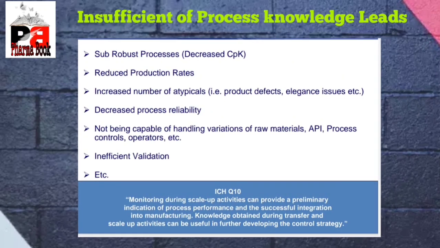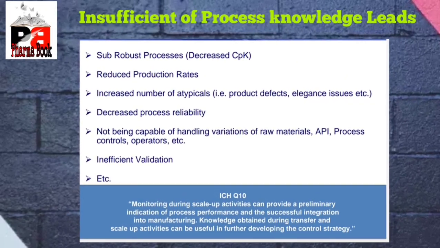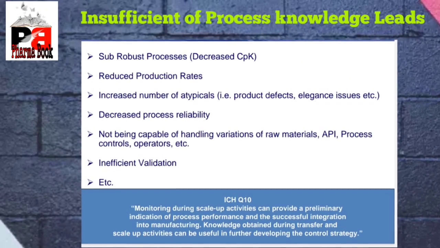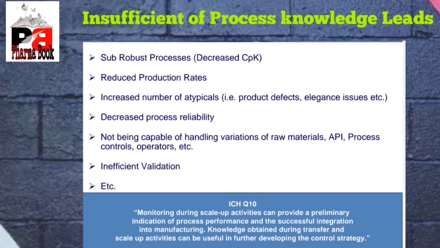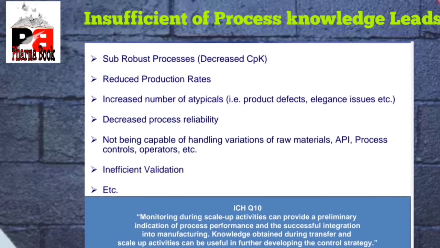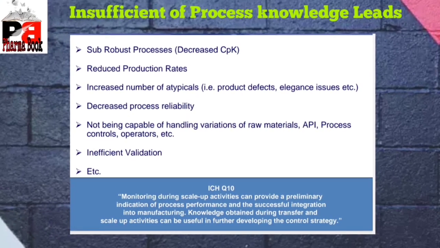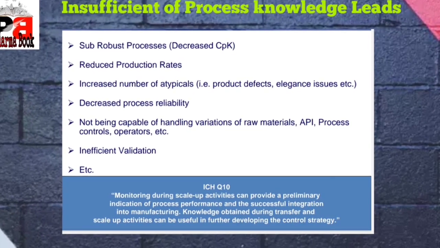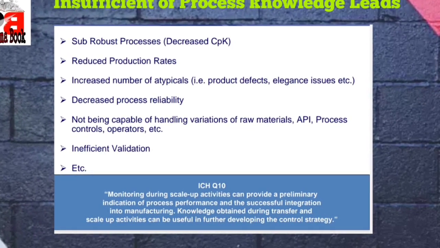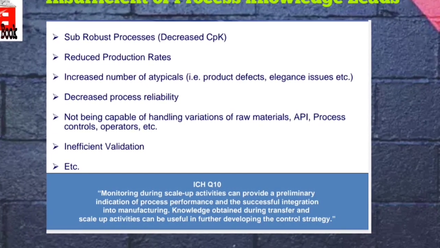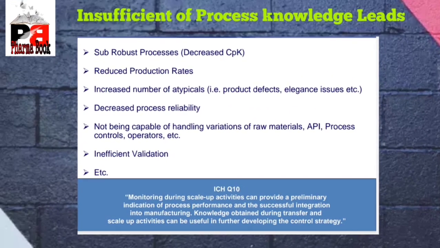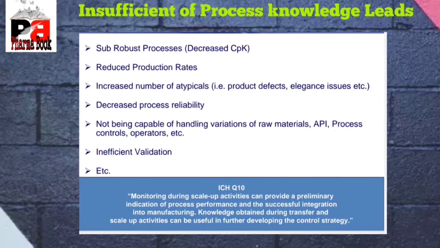If the process knowledge is insufficient, it leads to decreasing of the CPK value. CPK means process capability. And number 2, reduced production rates. Increased number of atypicals.